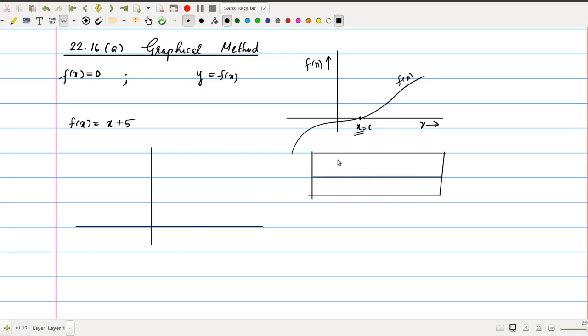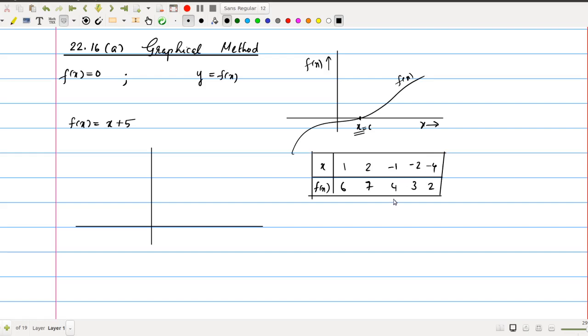Here we have x, and this is f of x. If you put x equal to 1, you get y equal to 6, x equal to 2, we have 7.